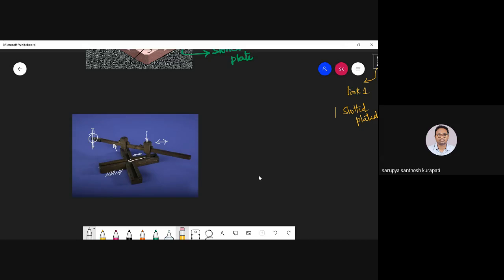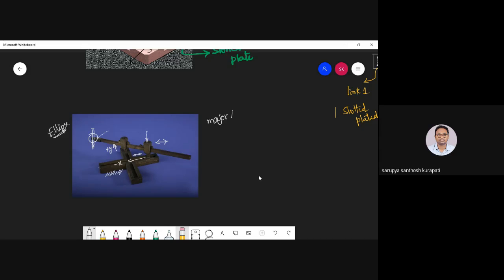When it is moving in the negative x direction, the second slider moves in the positive y direction. The locus of all the points you trace, you are going to get an ellipse. I hope you know what an ellipse is. Yes, sir. Okay, so in this way, you will get the major axis and minor axis.